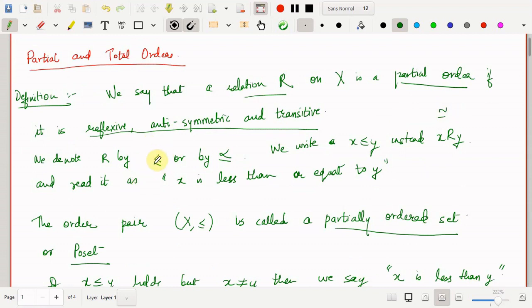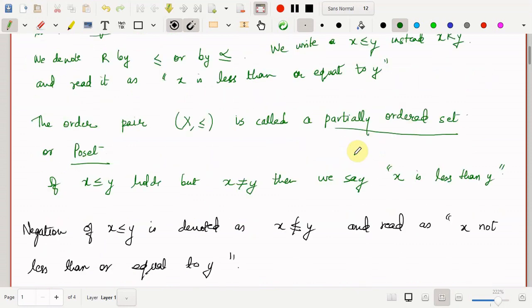To avoid confusion you may write it in this way, because most often students stick to this notation and read it only as the standard less than or equal to relation that we have in real analysis. So instead of writing xRy, the old notation, when x is related to y, if it's a partial order, then we write it as x less than or equal to y, and we read it as x is less than or equal to y. Okay, so basically x is related to y.